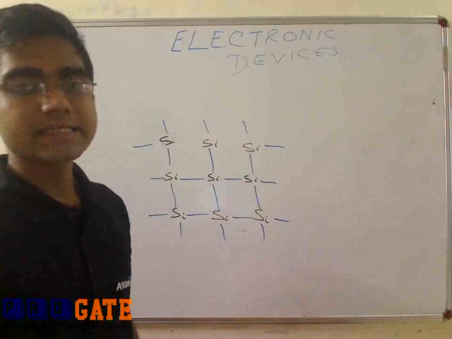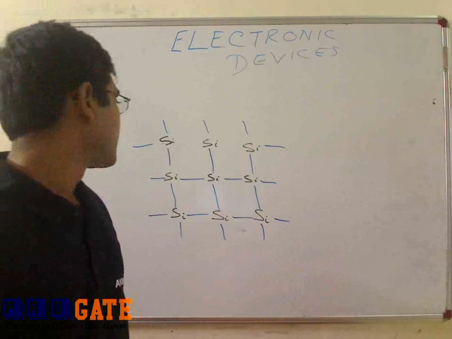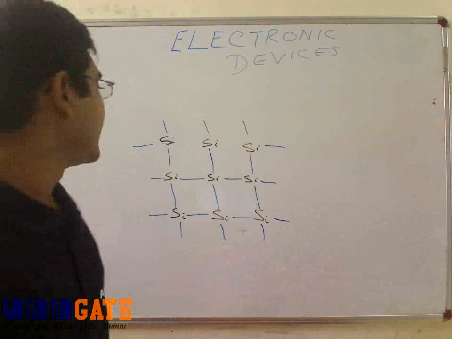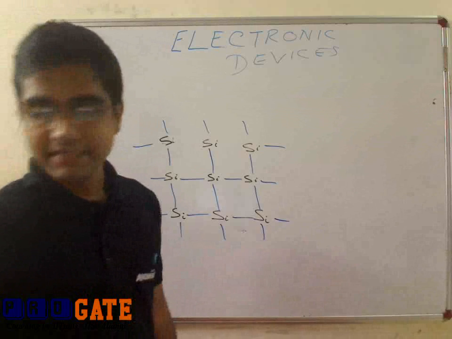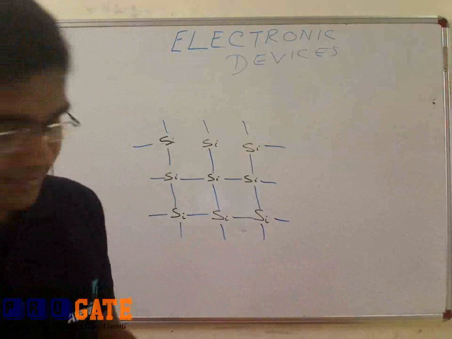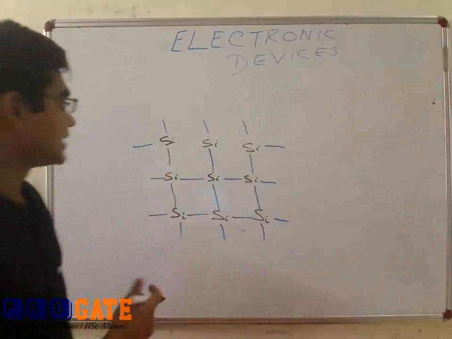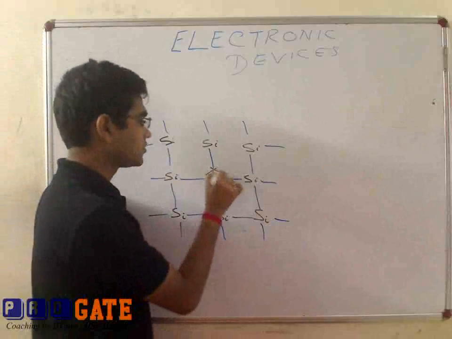So a silicon crystal looks something like this. Each silicon is bonded to 4 different silicon atoms in its adjacent places.